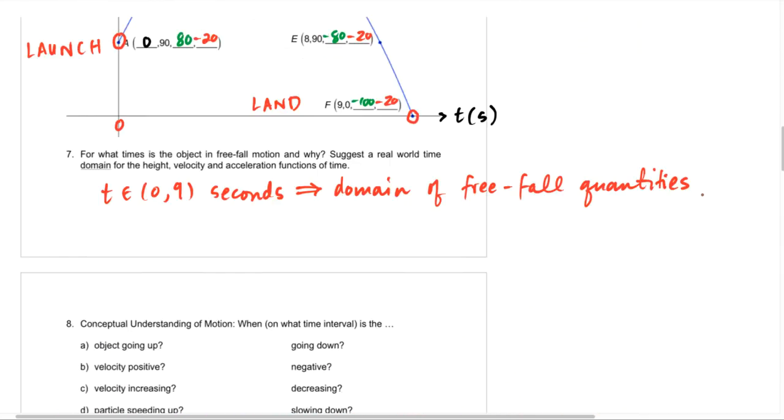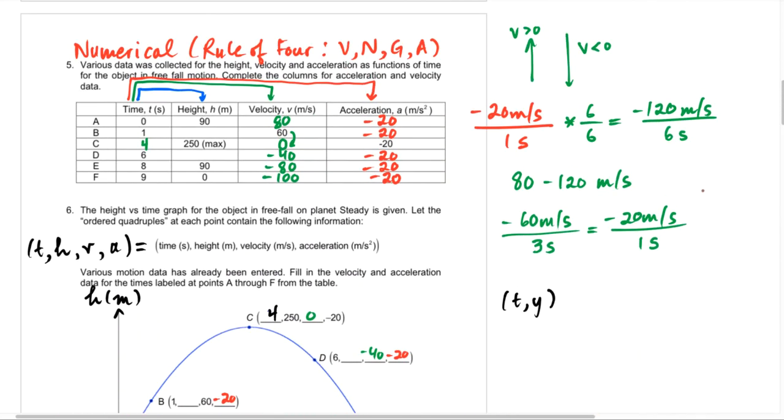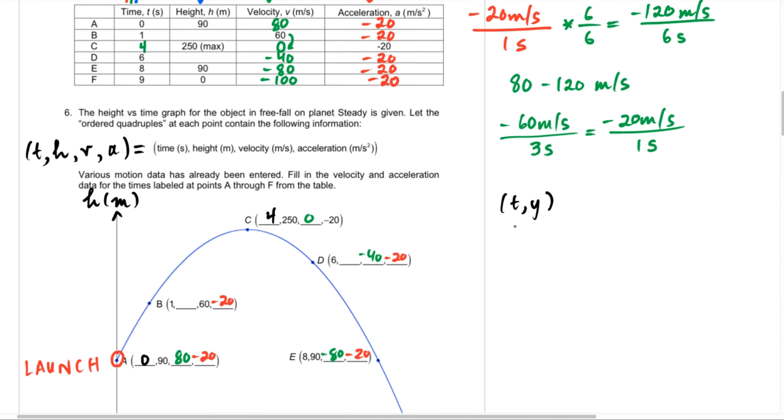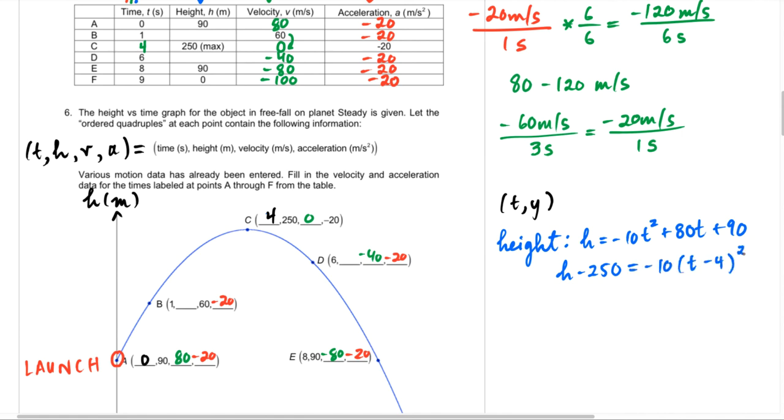So going back up, I'm going to write the equation of the quadratic a little bit lower here, and we have that the height equation is given by negative 10t squared plus 80t plus 90, or we could use h minus 250 is equal to negative 10 times the quantity t minus 4, all squared. Depending on which numbers we're plugging in, we may choose to use the first or the second option.